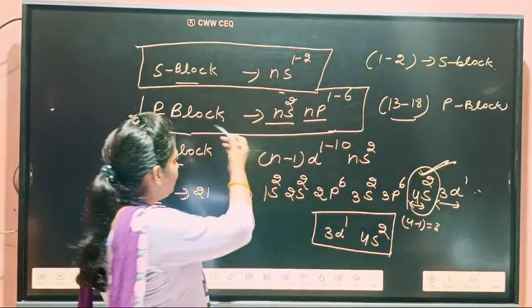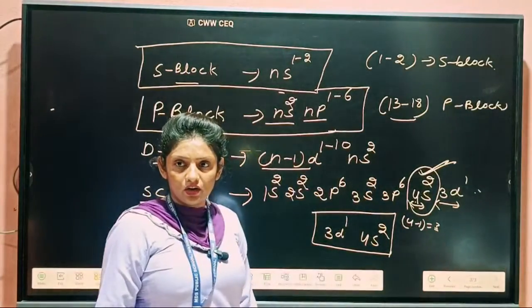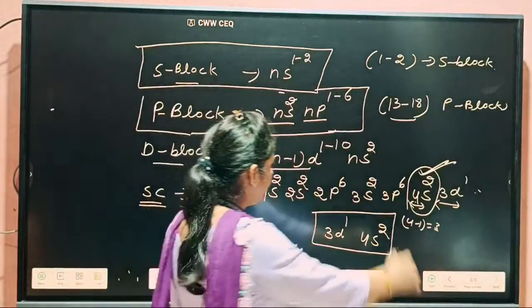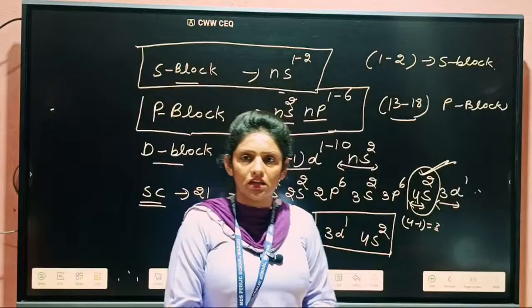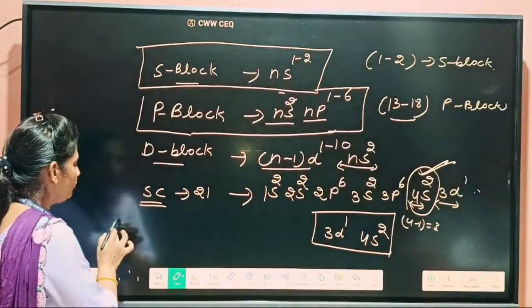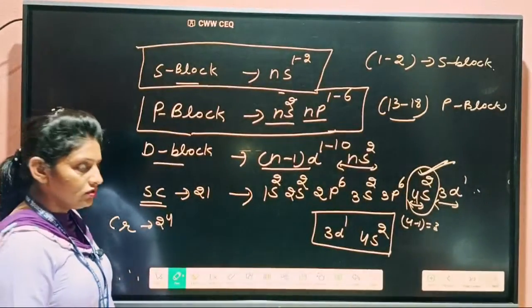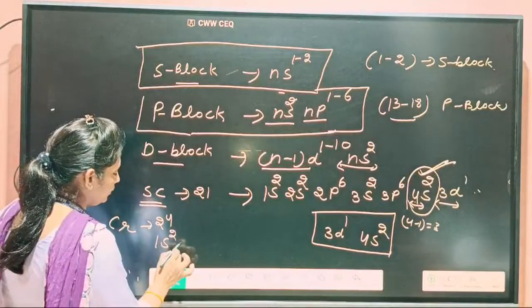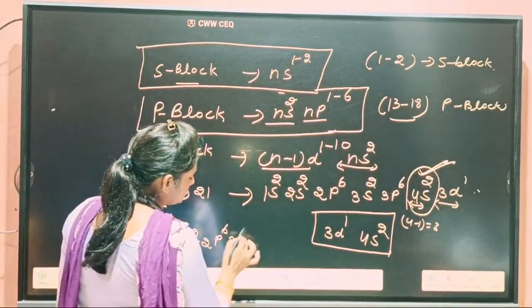So students, here the configuration will be (n minus 1)d, 1 to 10 electrons may be there, and ns2, but some exceptions are there. Like students, if I talk about chromium, 24. Okay, if I write the configuration according to the rules, then it should be like this.